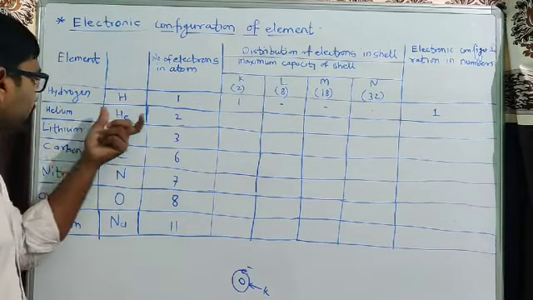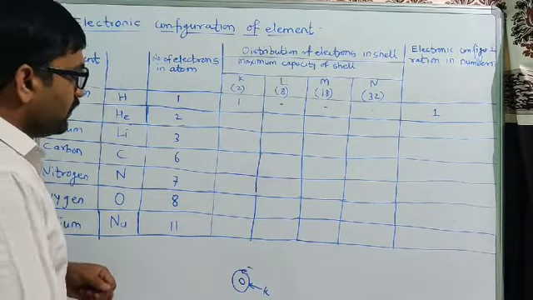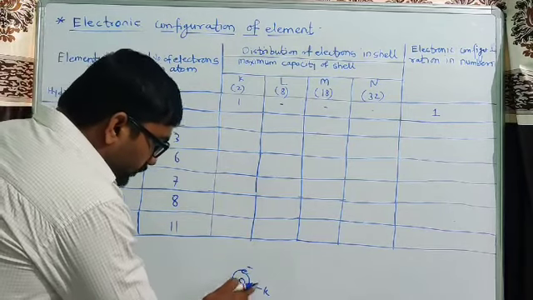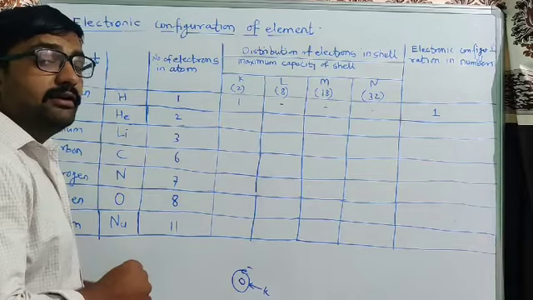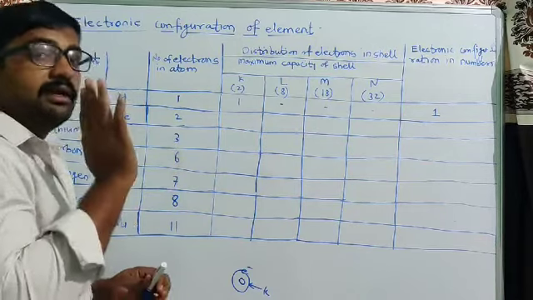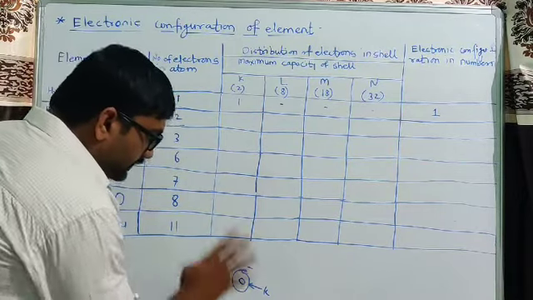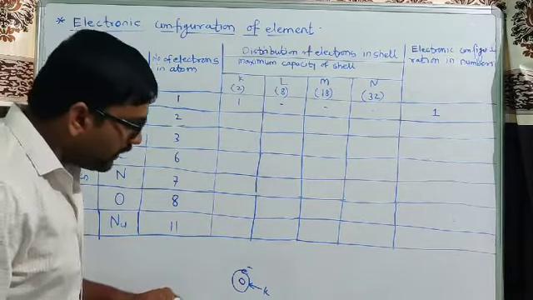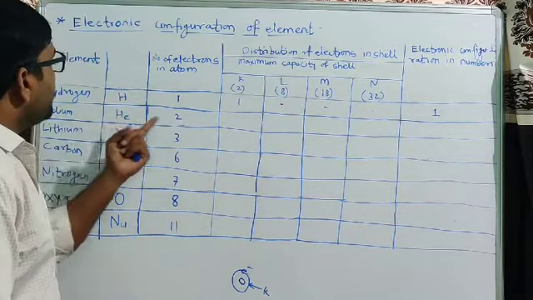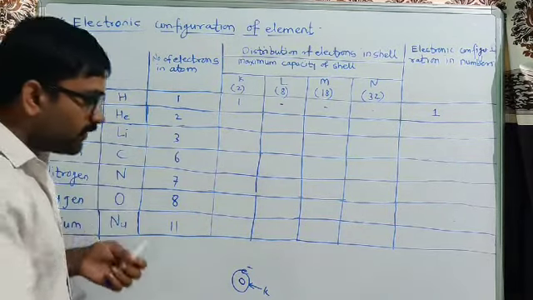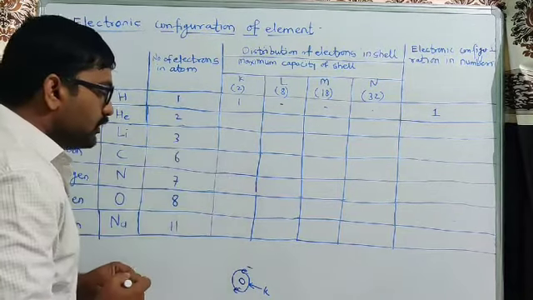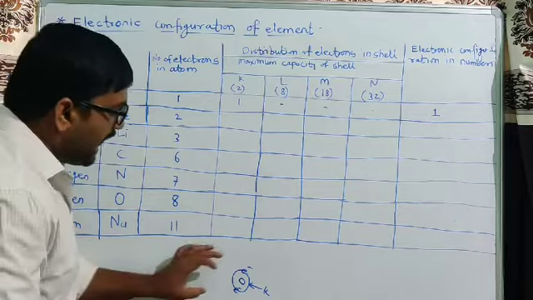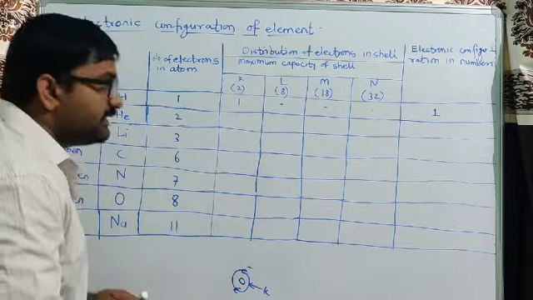Then second is helium. Look at helium. This is the nucleus and this is the first shell. Electrons start to fill up in a particular atom from this first shell, that is the K shell. Helium has 2 electrons, and the K shell has a capacity of 2 electrons, so those 2 electrons can be added into this K shell.